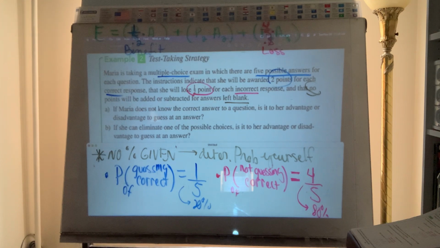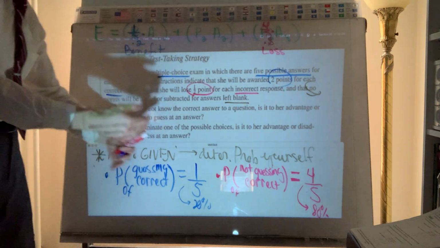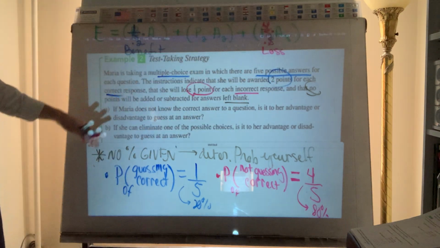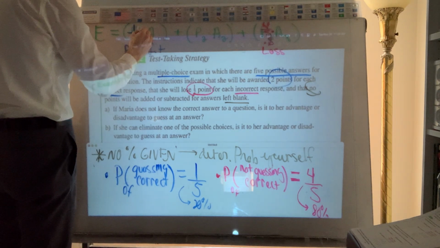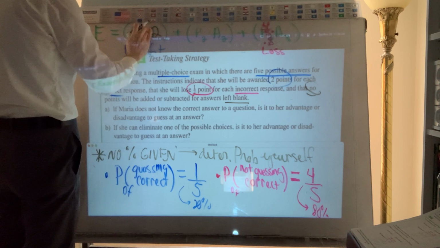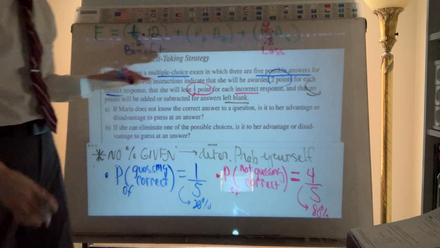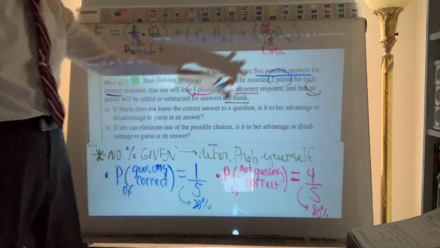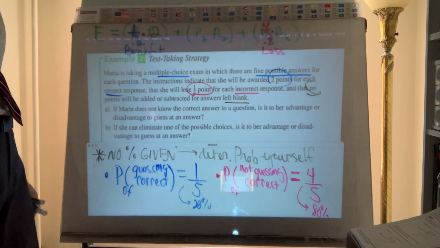All right. What are the point values that are associated with? Well, if a person guesses correctly, you're awarded 2 points for each correct. So you would say that this is the probability times the benefit of positive 2. You know, you don't have to put the positive if you don't like. And for the loss, it would be only losing half a point.